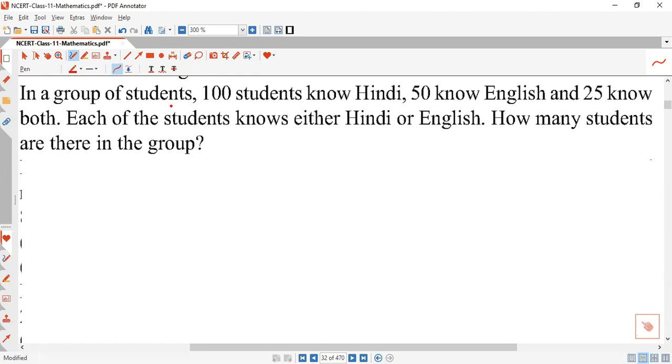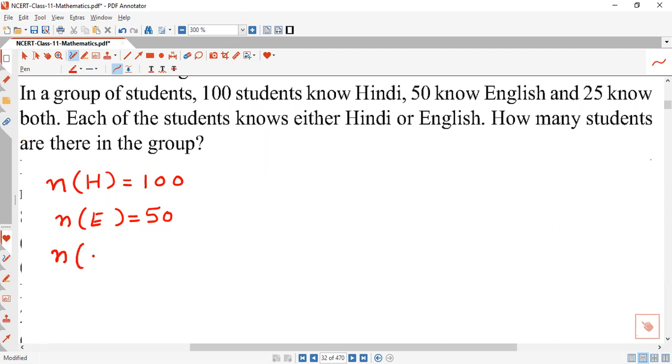We have to find how many students are there in the group, in the union. The number of students who know Hindi, n of H, equals 100. The number of students who know English is 50. And 25 know both, meaning they know English as well as Hindi.